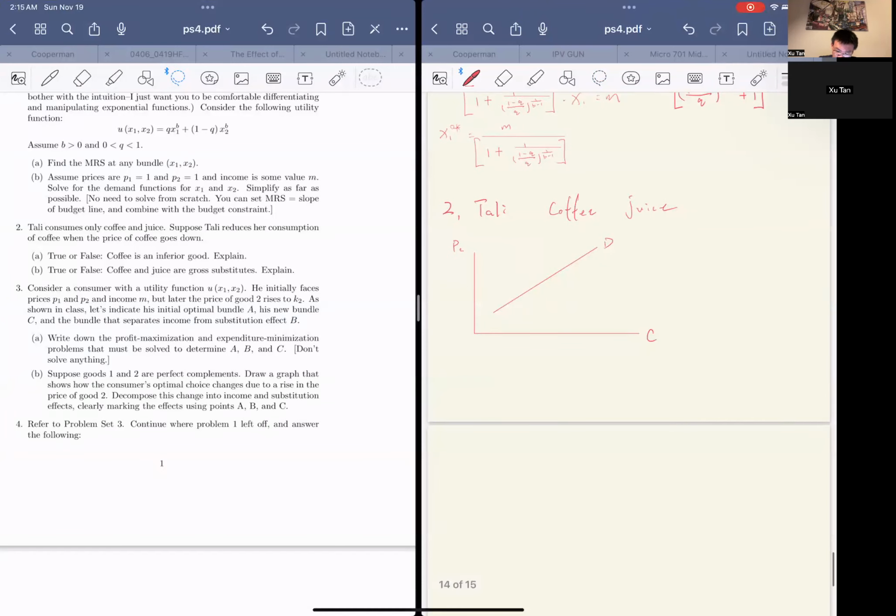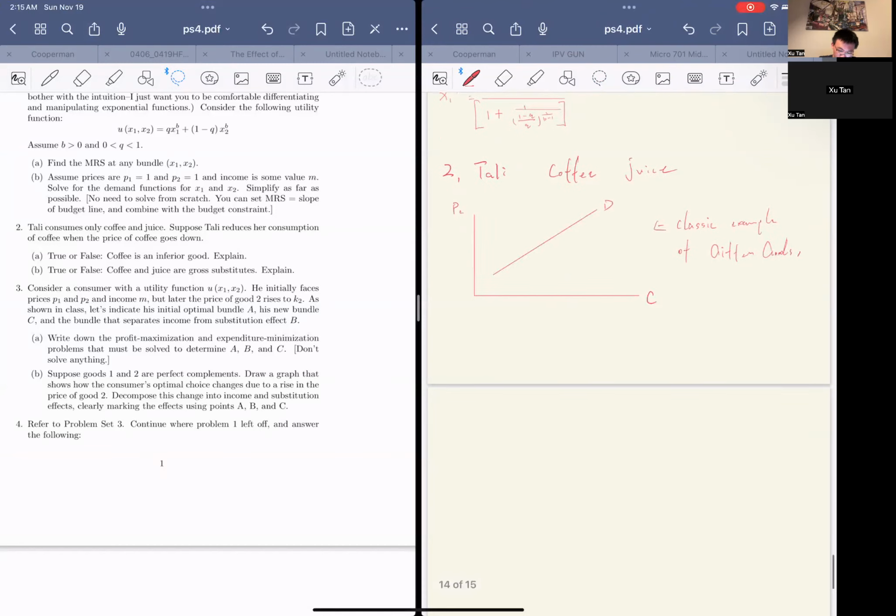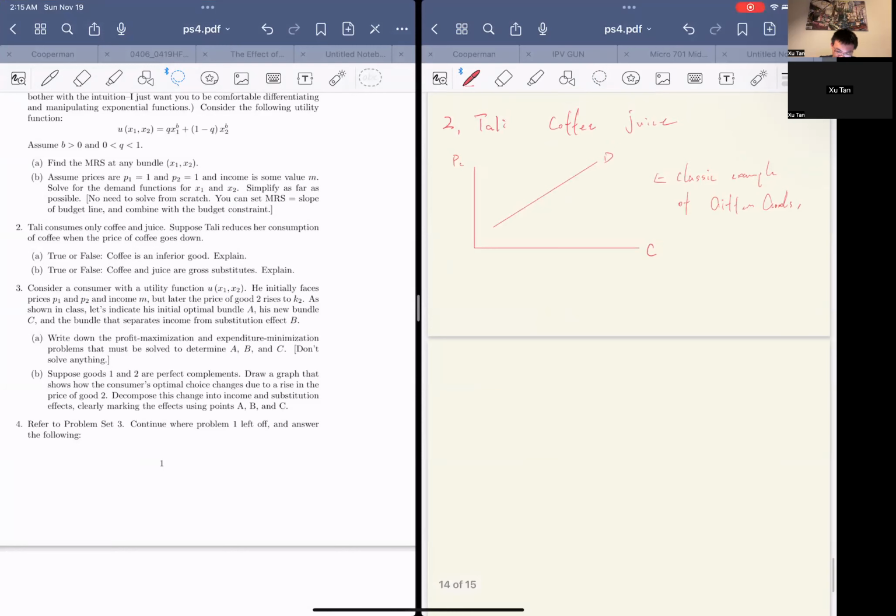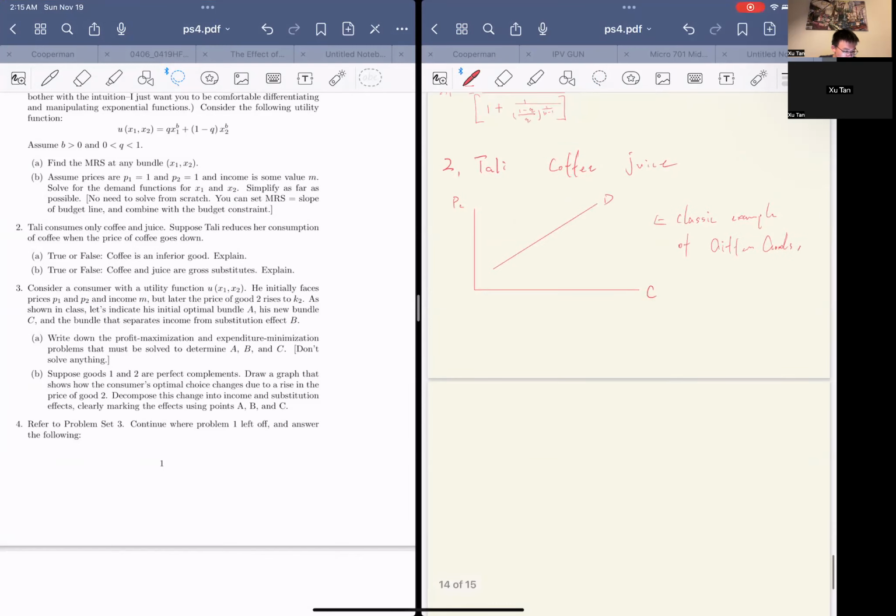So this is a classic example of Giffen goods. This question has not really talked about anything related to income, so it's more like income is constant while the price of goods goes up and down.